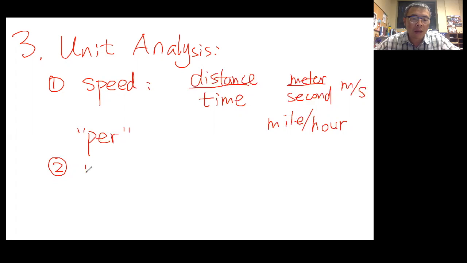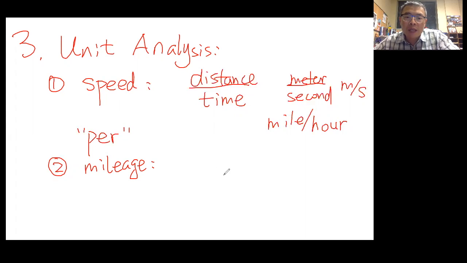common quantity like mileage. Essentially, it measures how efficient your car is in terms of using gasoline. It's a mile per gallon deal. You want to know how many miles your car can travel on each gallon. So again, you see this per here.